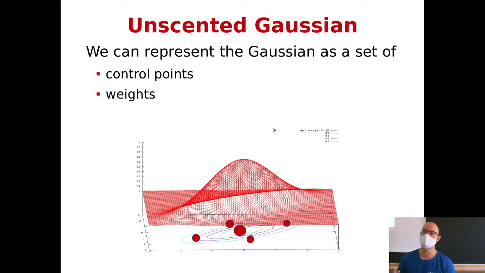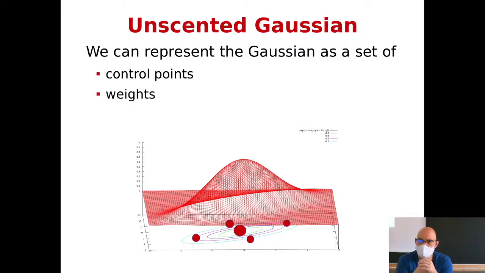Alternatively, we could represent it in a different way, as a set of samples. A sample is nothing else than a value in the space where the Gaussian lives, right? So if the Gaussian is a Gaussian on R3, a sample will be a point of R3. And in addition to this sample, we attach to it a weight.